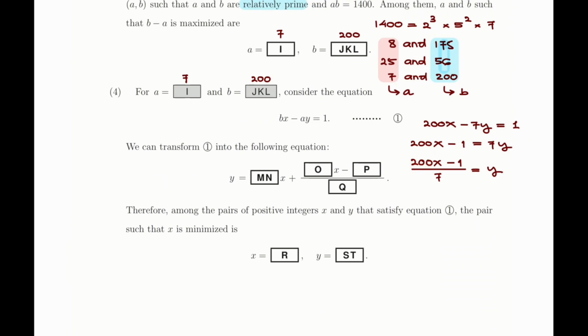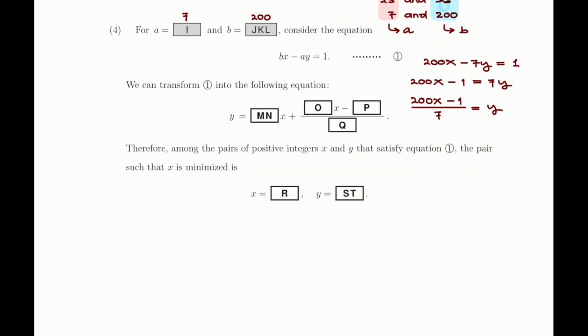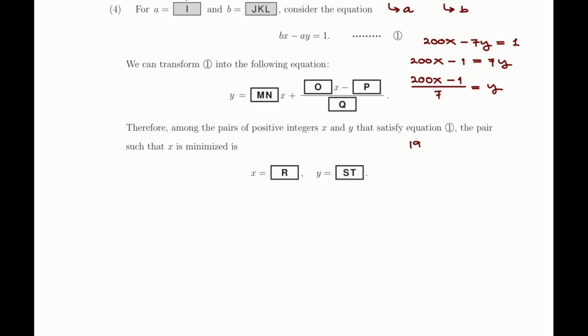And the number is 196, because 196 is divisible by 7. So I can manipulate the equation into 196x plus 4x minus 1 over 7 equals y.